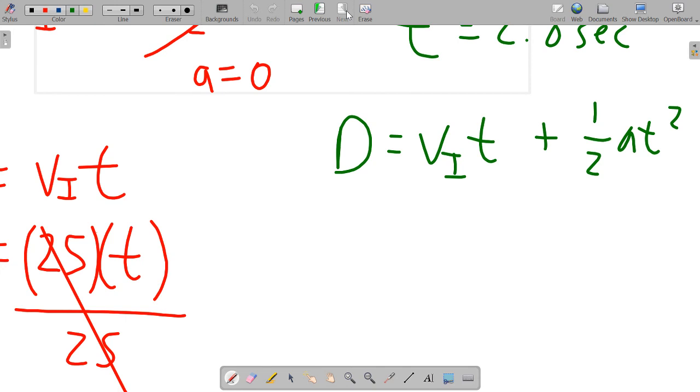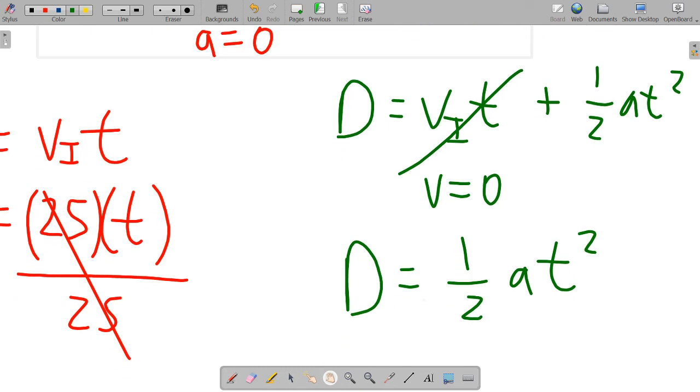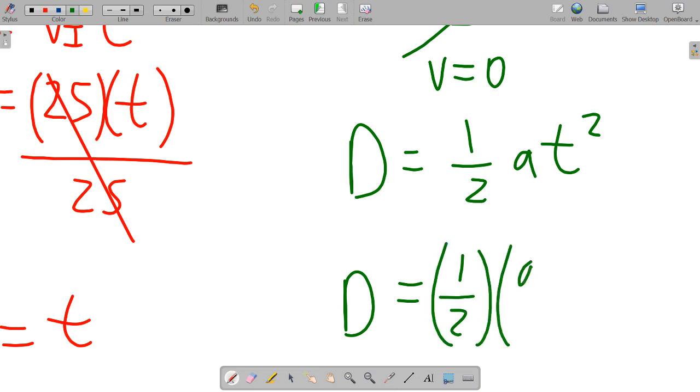So let's plug in 0 into this equation. When you plug in an initial velocity of 0, remember 0 times some number is just 0, so that part of the equation goes away. And so our displacement equation for the y direction just reduces to 1/2 at squared. Okay. So how far did the skier travel in the y direction? In other words, how high is the ramp? It's easy. All we need to do is plug in the acceleration of gravity in the y direction, which is 9.8.